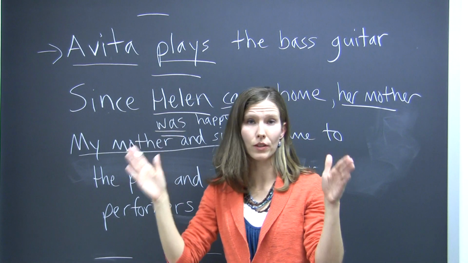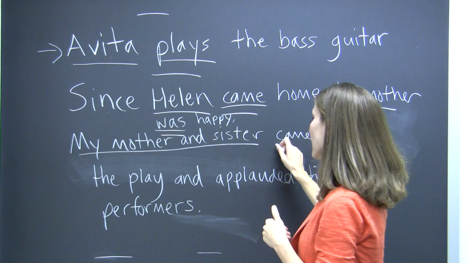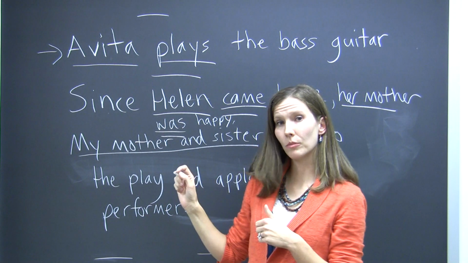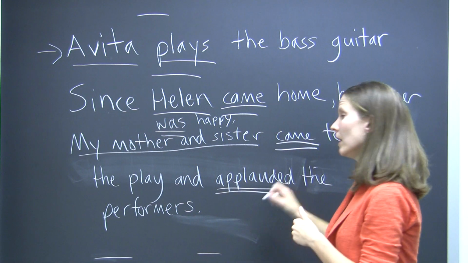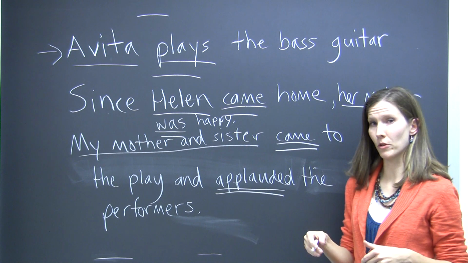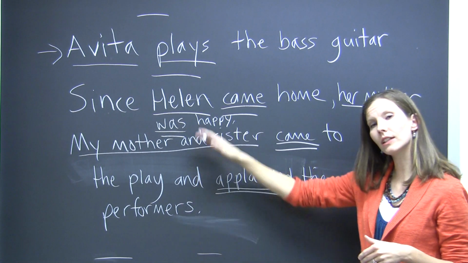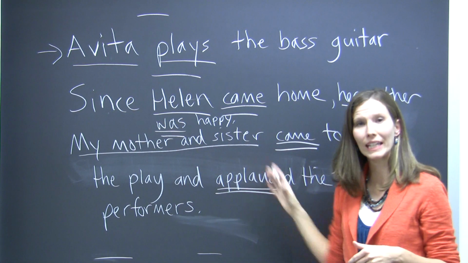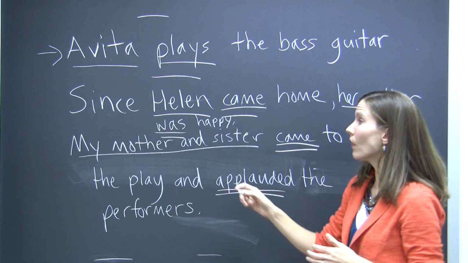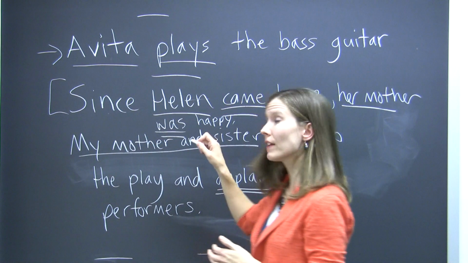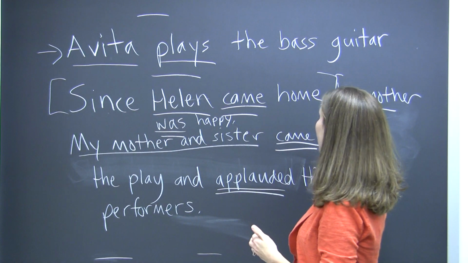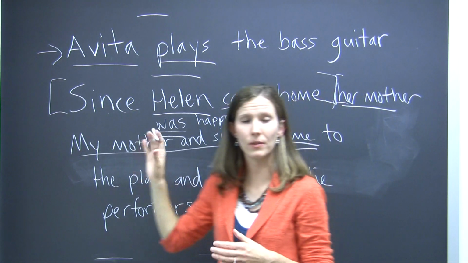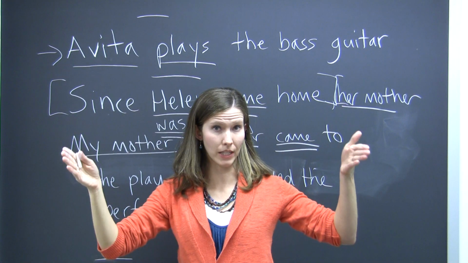The predicate or the verbs in the sentence are came to the play and applauded the performers. So this is still a simple sentence because it's one independent clause. I cannot break it into more than one clause the way I can break this one into more than one clause. So simple sentence means one independent clause.